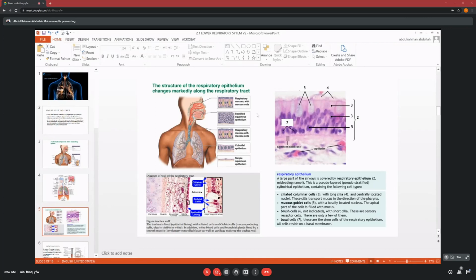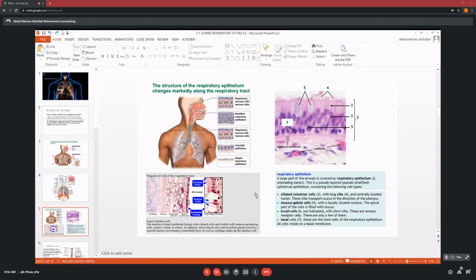We start with pseudostratified, then columnar, cuboidal, then the simple squamous epithelium from the respiratory bronchioles, because for gas exchange we need the fewest layers. So it goes from pseudostratified columnar ciliated, then non-ciliated, then cuboidal, then simple squamous epithelium.